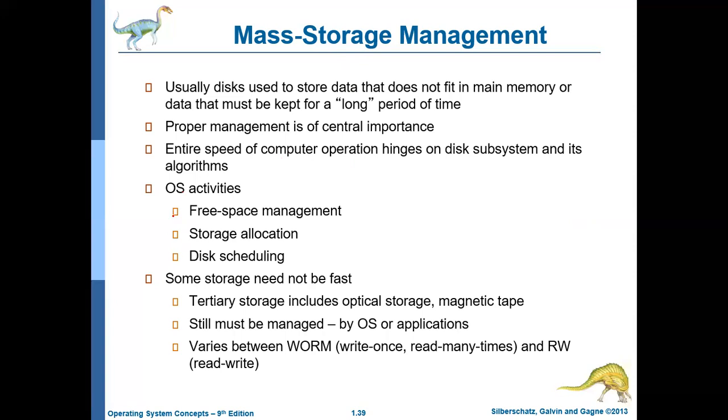As a part of mass storage management, the operating system performs these tasks. Sometimes slower mass storage is also useful. For example, for tertiary storage devices like optical storage or magnetic tape, even if it is slower, it is not going to affect the performance in any way.